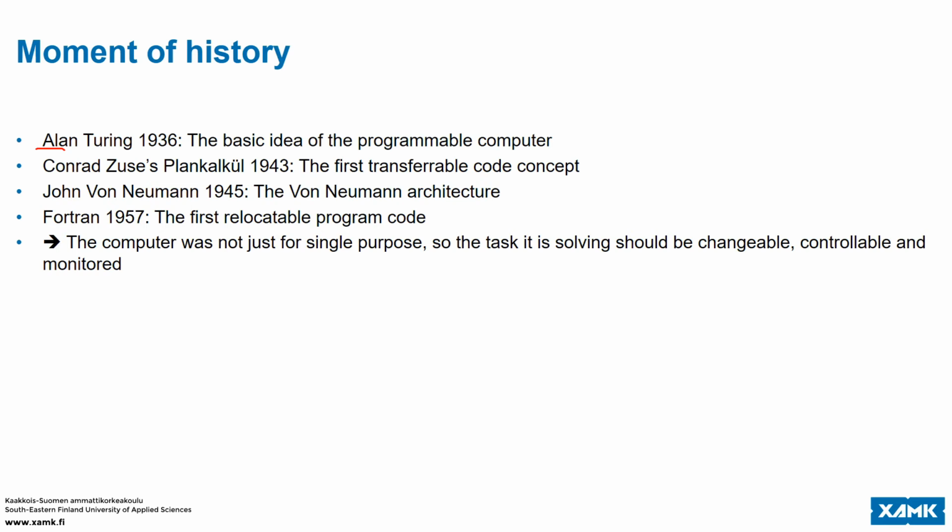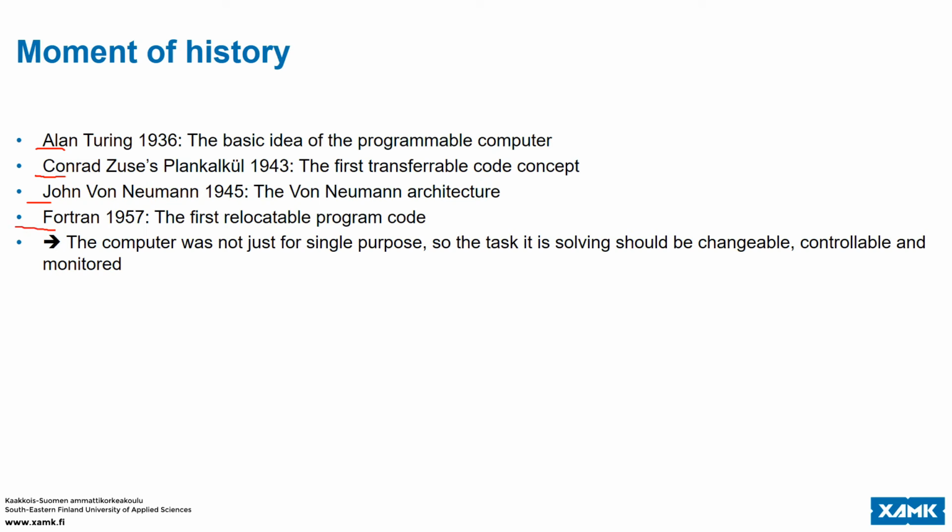Konrad Zuse's Plankalkül followed. That was the first idea of transferable code, meaning program code could be transferred between two computers. Then John von Neumann came up with the von Neumann architecture, which is basically the blueprint for all modern computers or CPUs.